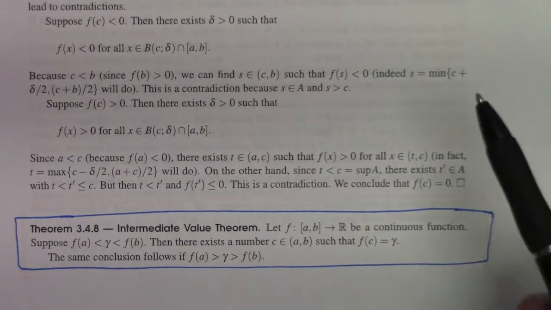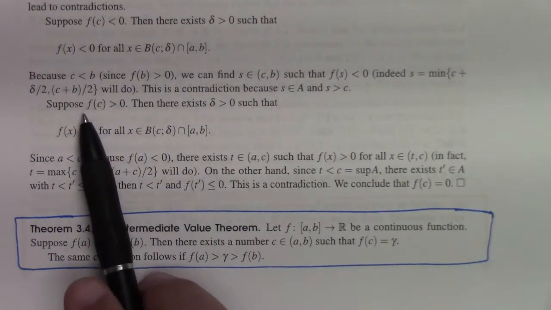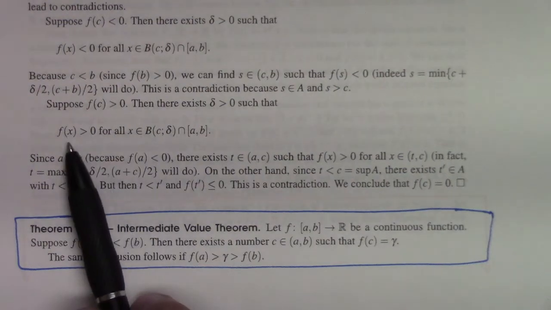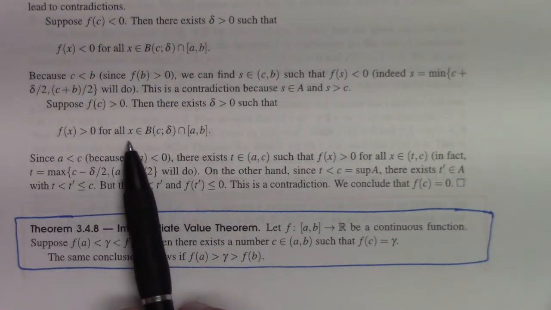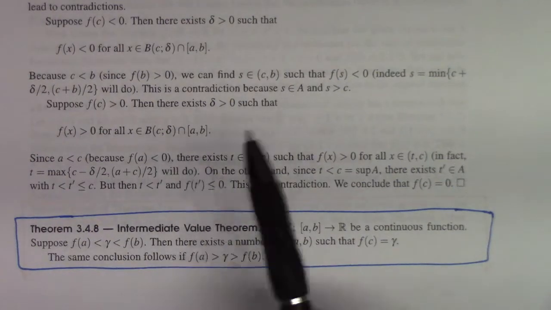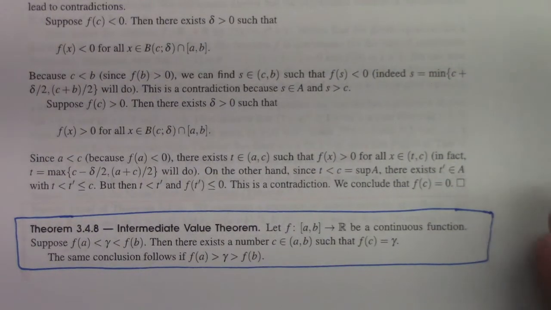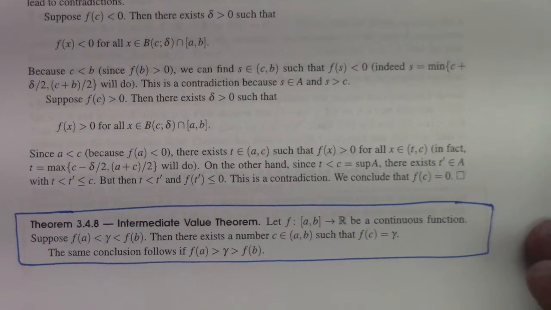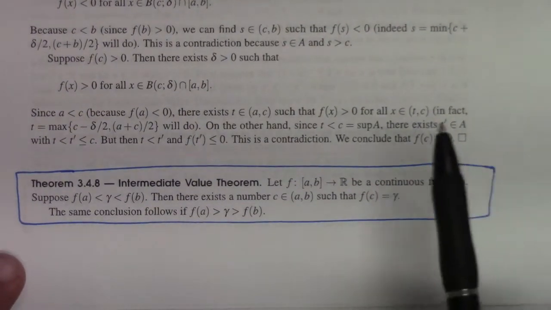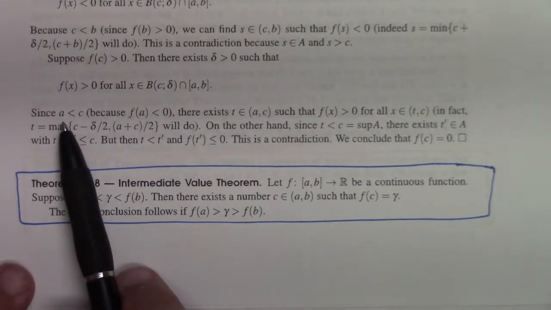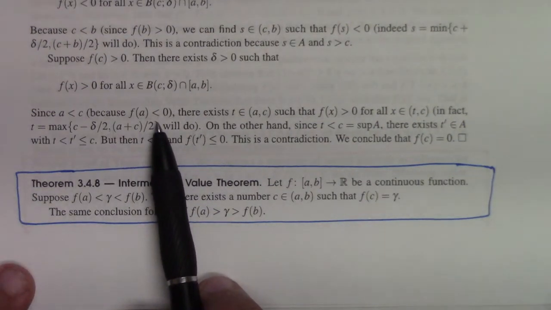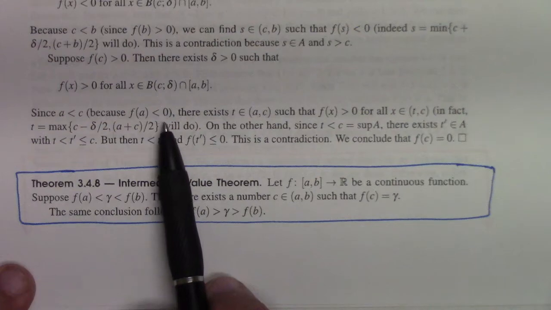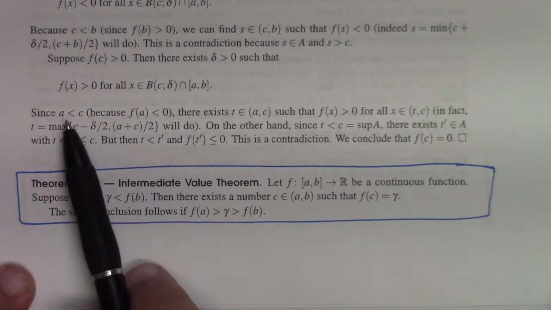Great. And then, on the other hand, if f of c is positive, then the values of f of x have to be positive for all x sufficiently close to the intersection of the closed interval and the delta ball centered at c. And as such, a is less than c because, well, f of a is less than 0, and c is the supremum.